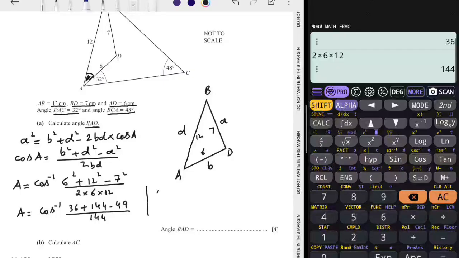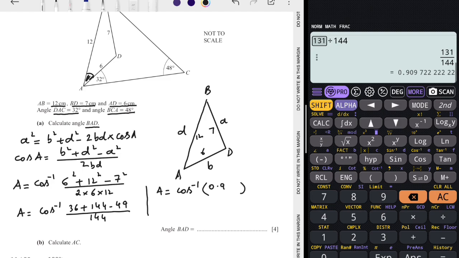Now A is equal to cos inverse, and we'll add up the upper part of the fraction. It would be 36 plus 144 minus 49, it would be 131 divided by 144, so it will be 0.909.